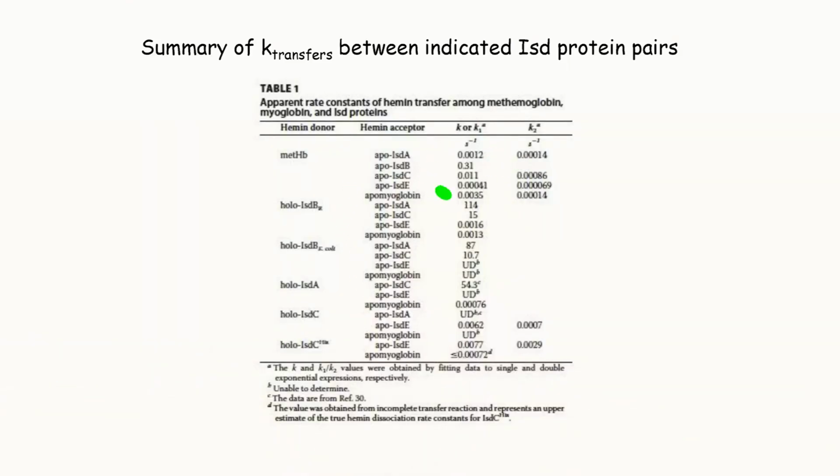But if you look at this, for example, the transfer of the heme from methemoglobin, okay, so that's the first step up here, and you look at all the rate constants they measured, the fastest number is 0.31 per second. Okay, so that's slow, but you might expect it might not be so easy to extract the heme out of hemoglobin. Okay, so you might expect this to be slow.